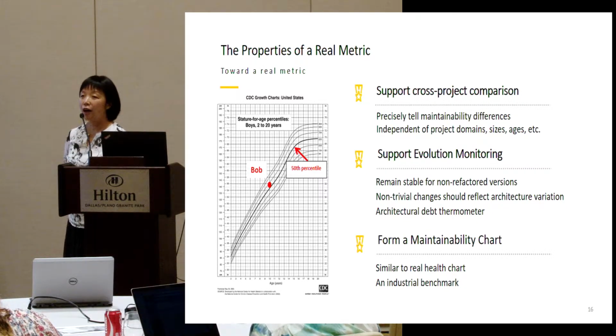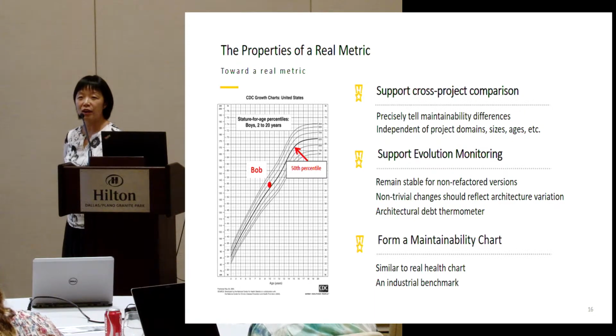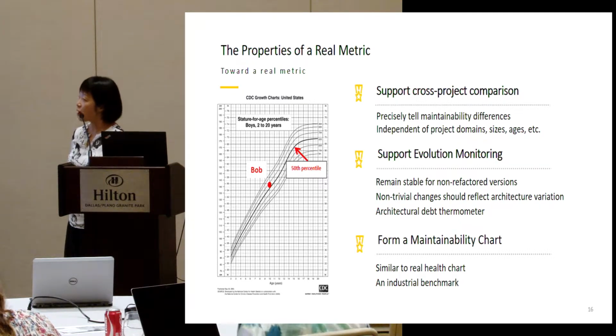And finally, we really would like to see a maintainability health chart. Okay, we're all familiar with the general health chart. I take my daughter to her doctor, and the doctor will tell me that your daughter is in the 28th percentile of all the girls of her age. Okay, I'm fine because I'm short too. But I have a general idea where my daughter's height is ranked among other girls. I want to do the same thing for maintainability. We want to see, this project's DL score is like 60%, and it's ranked about the 40th percentile compared with the other projects.